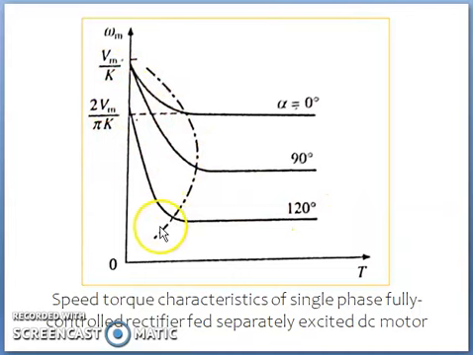This is the boundary between discontinuous conduction on the left and continuous conduction on the right of the boundary line. Now this is about the single phase half controlled rectifier used to drive DC drives.